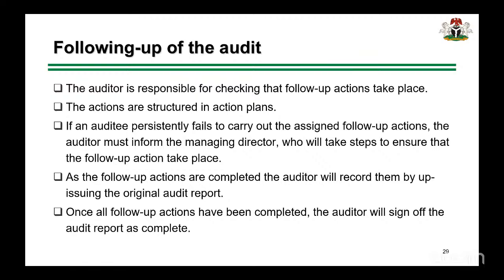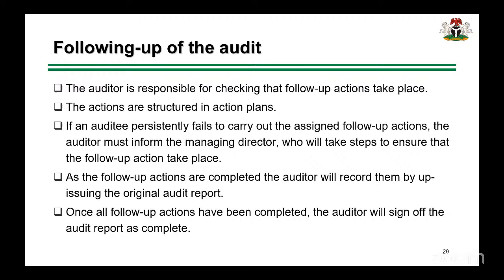The auditor is responsible for following up to check the actions that have been taken to address the non-conformance that was raised. The actions are structured in an action plan. So they should get an action plan. Now this non-conformance has been raised, what is the action plan? If an auditee persistently fails to carry out the assigned follow-up action, the auditor must inform the managing director, who will take steps to ensure that the follow-up actions take place.